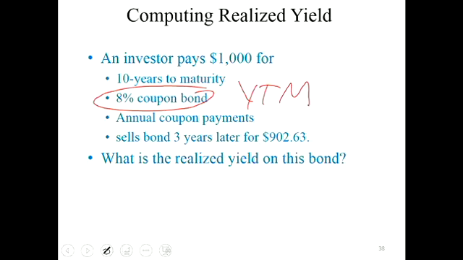So you've actually taken a loss, and that's the thing that accounts for the fact that you didn't do very well on this investment. You paid $1,000, but when you actually sold it, you got $97.37 less than that $1,000, even though you got the 8% as you expected. And it's that capital loss which accounts for the fact that the realized yield is lower than what you expected.